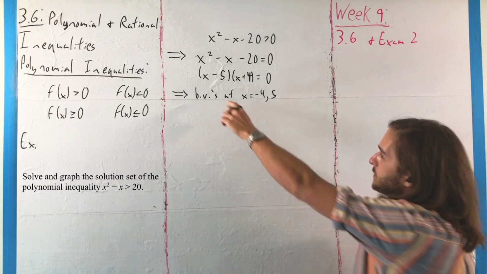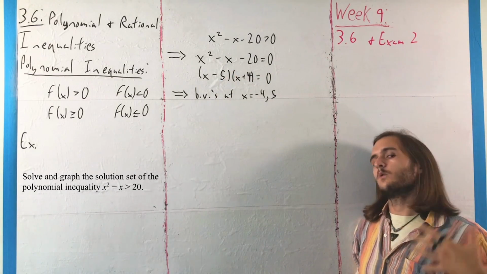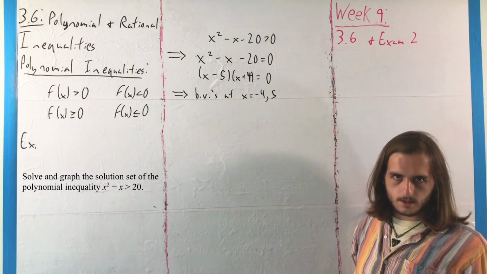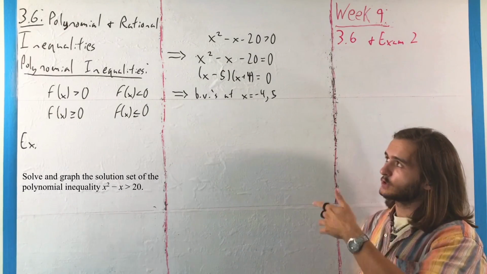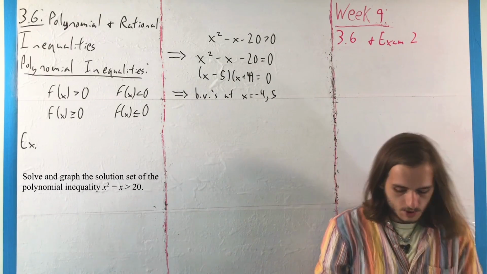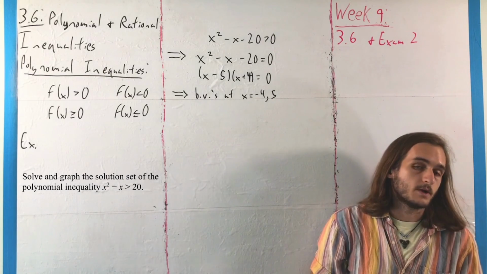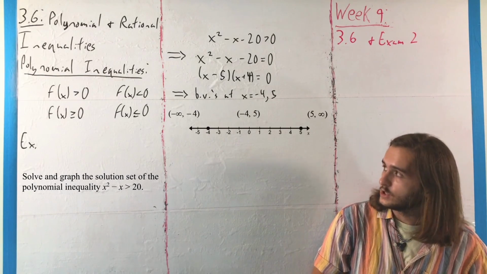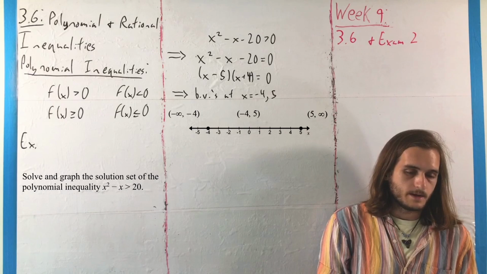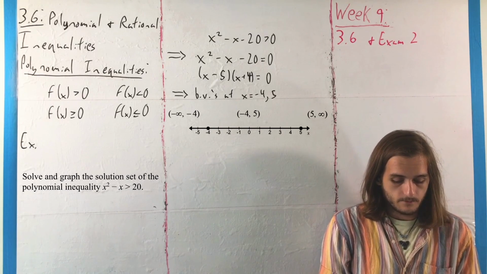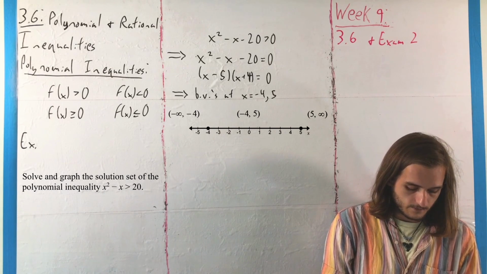Those are the places where our function would be 0, where it crosses the axis, can't do it anywhere else, so we can think always in terms of just those locations, where that means we can break down our number line into the three regions from negative infinity to negative 4, from negative 4 to 5, and from 5 to infinity.